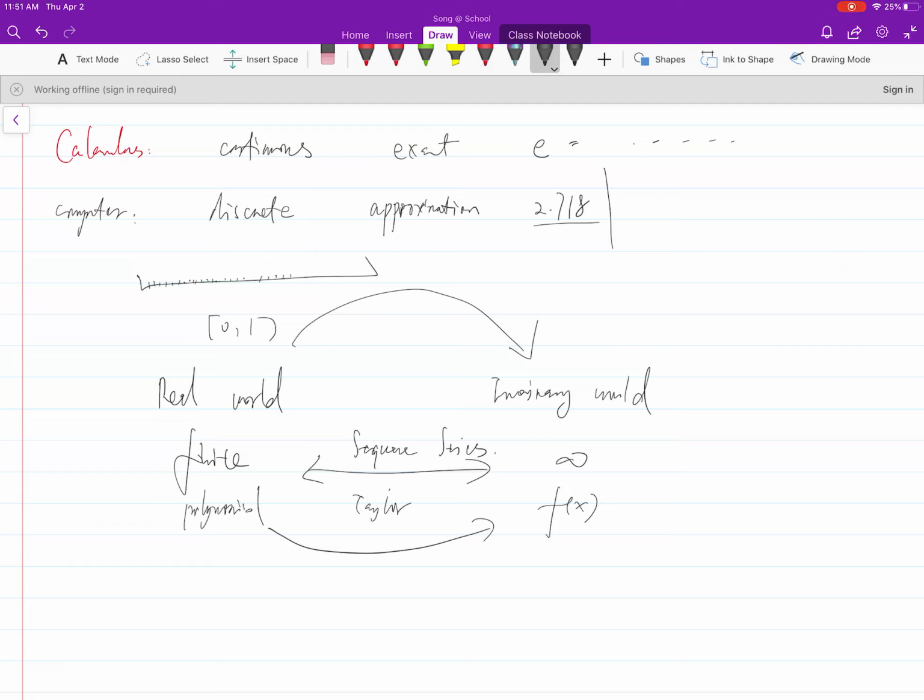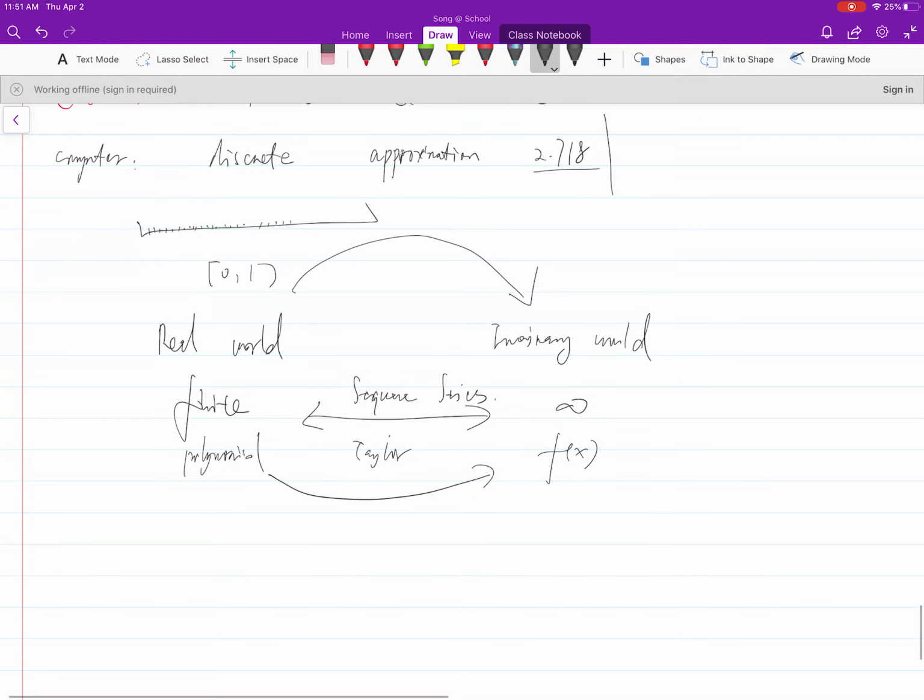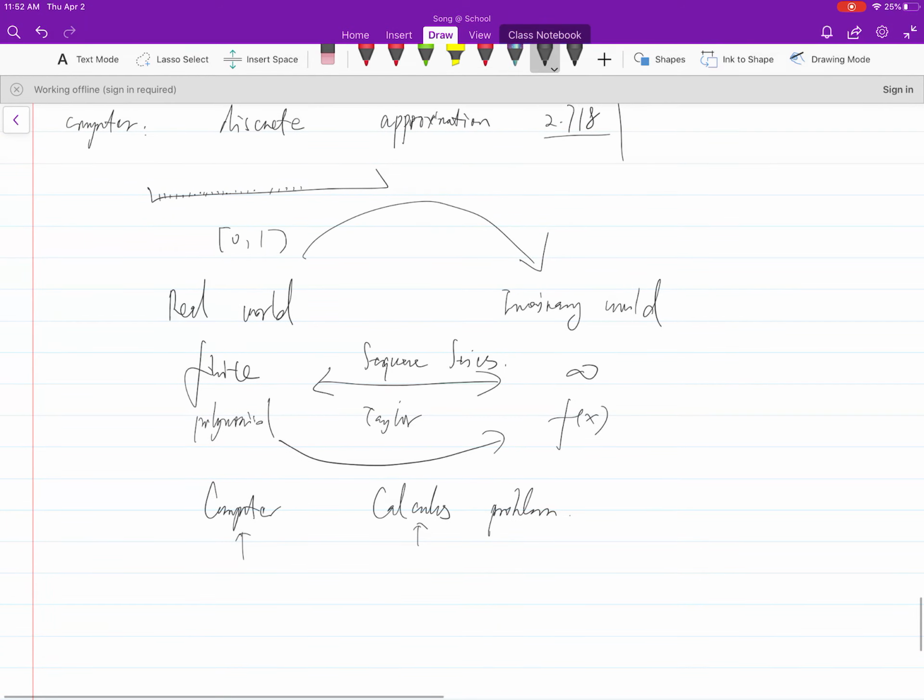Okay, so Taylor polynomial probably serves as the foundation of a lot of numerical methods, which means you use a computer to solve calculus problems, which from the beginning should not be feasible because this is infinite and this is finite. Okay, Taylor polynomial gives you a lot of designs of how to solve things because it involves all the derivatives, and of course the integral, and also Taylor series give you the error estimate.